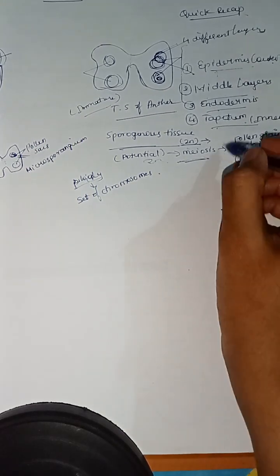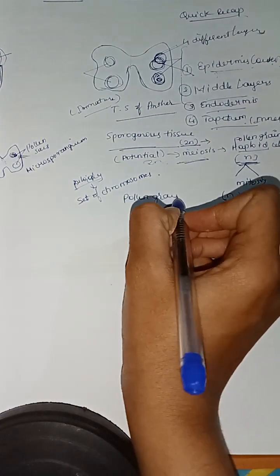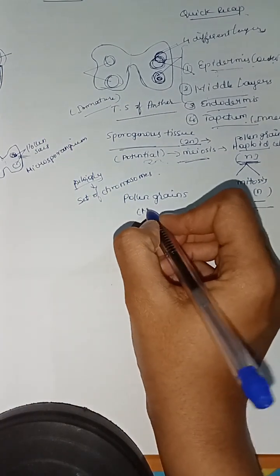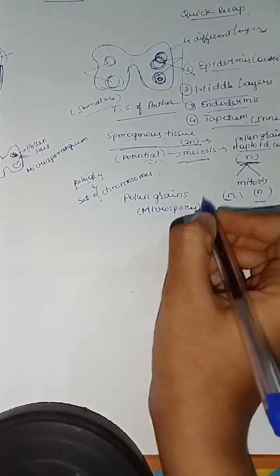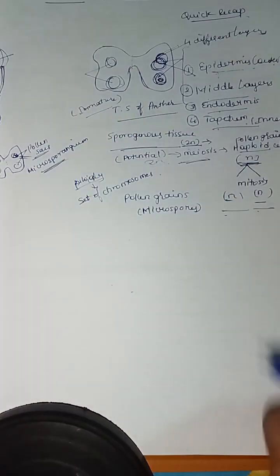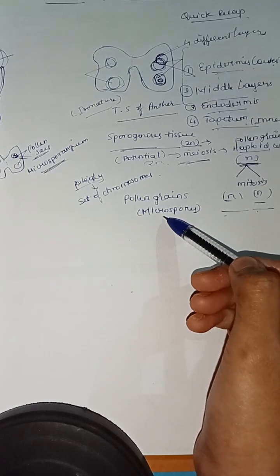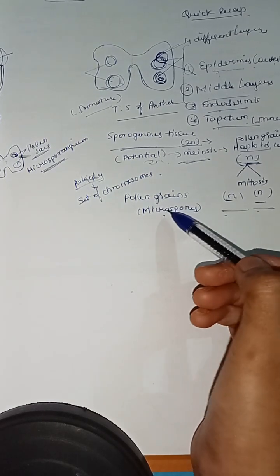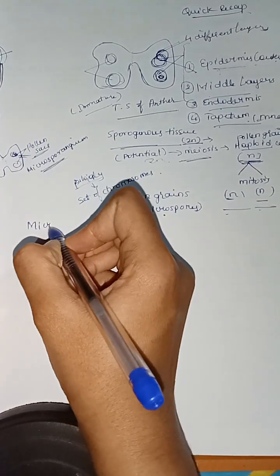These pollen grains are also called microspores. Hence, the pollen sac is also called the microsporangium, and like that, pollen grains are also called microspores. The next step is microsporogenesis.